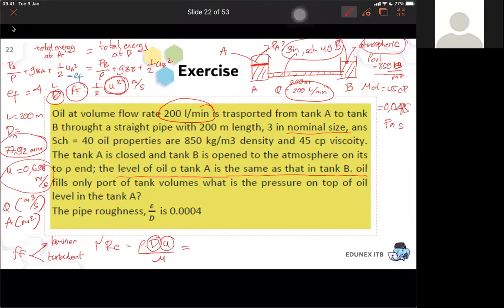Sir, what is the standard unit of viscosity? Pascal second.